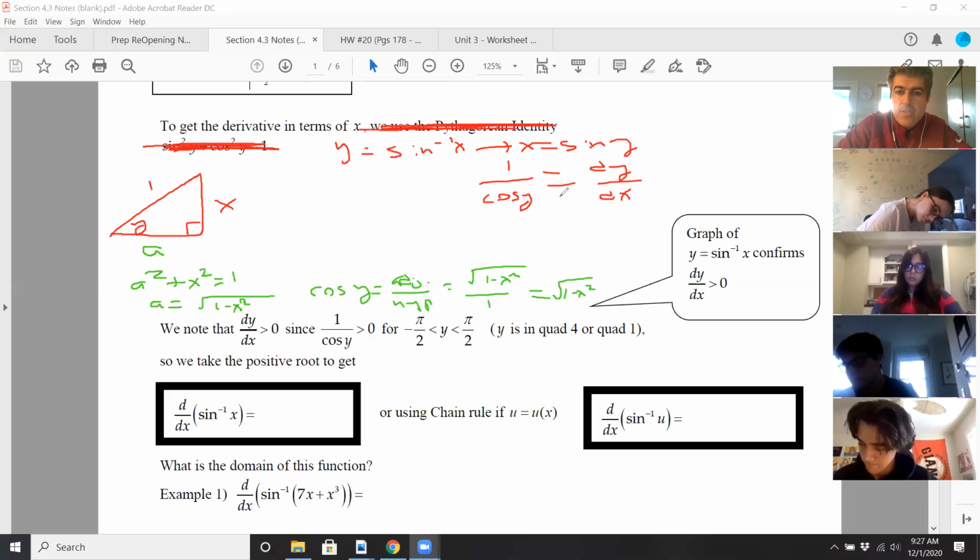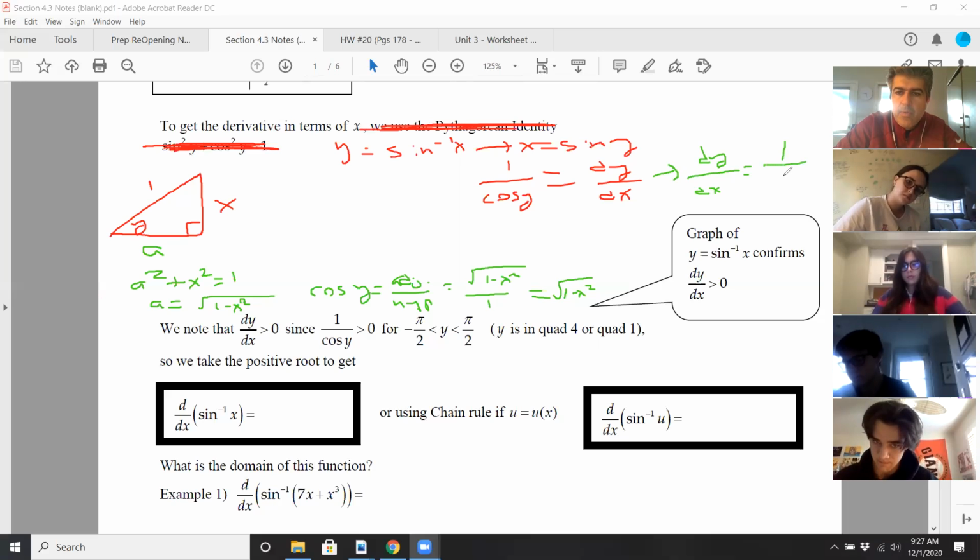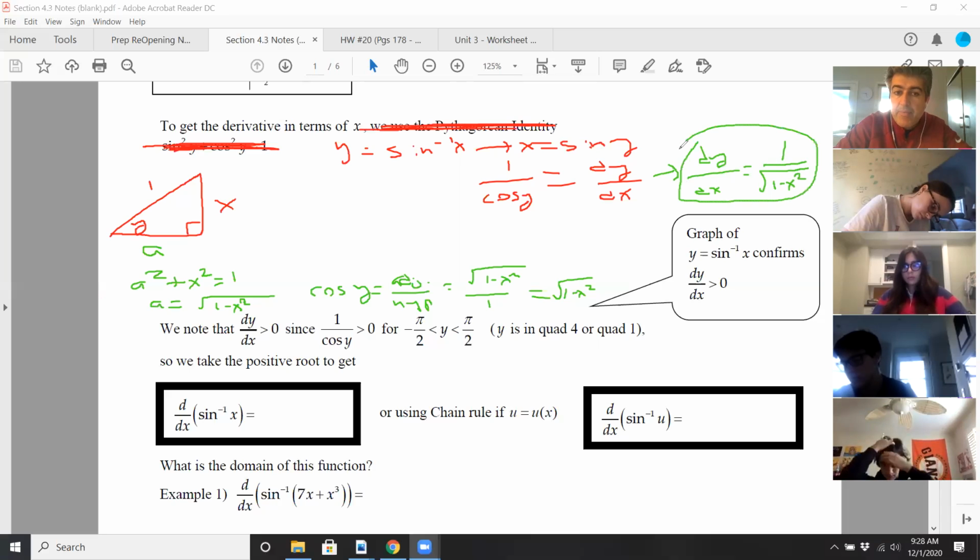So that's cosine. So dy over dx can now be rewritten as 1 over root 1 minus x squared. And that's how we express the derivative of inverse sine: 1 over root 1 minus x squared.